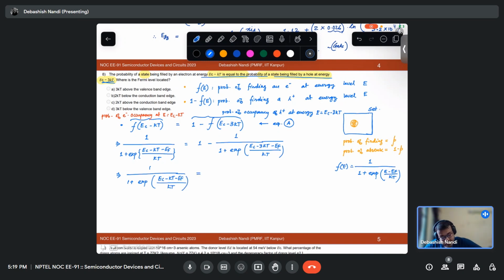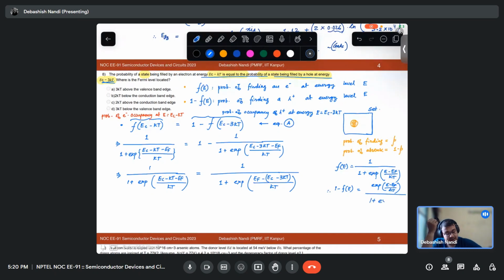Upon simplification, you can write it as 1 over 1 plus exponential of EF minus EC minus 3KT over KT. Because you see, 1 minus f(E) would be nothing but exponential of E minus EF by KT over 1 plus exponential of E minus EF over KT.